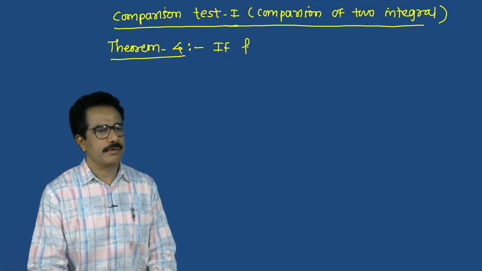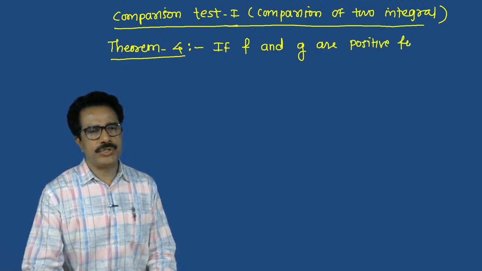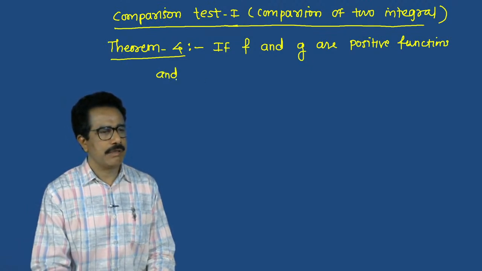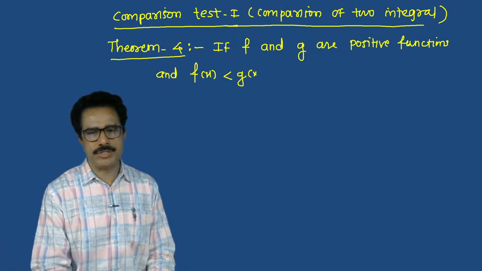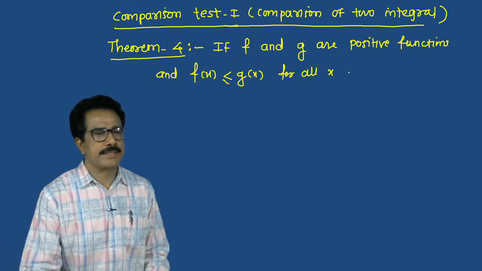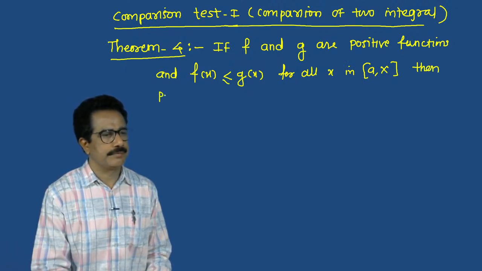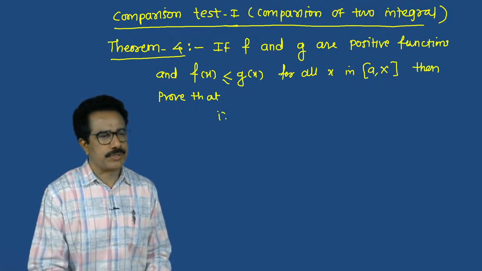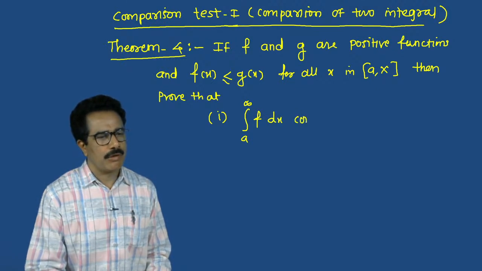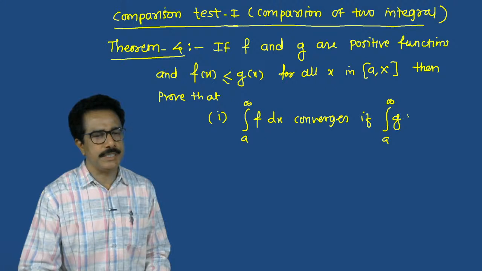If f and g are positive functions and f of x is less than or equal to g of x for all x in the closed interval a comma X, then prove that the integral from a to infinity of f dx converges if the integral from a to infinity of g dx converges.